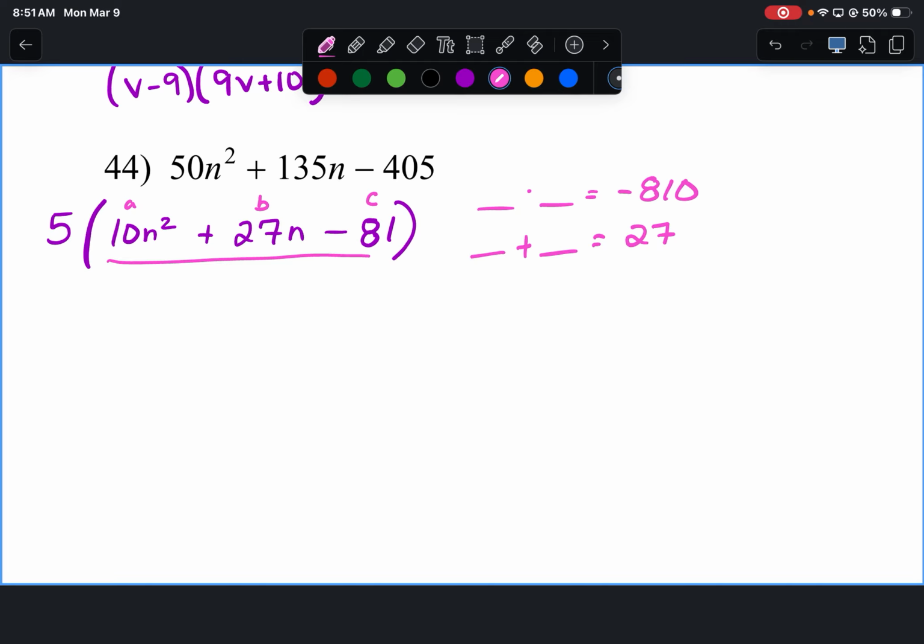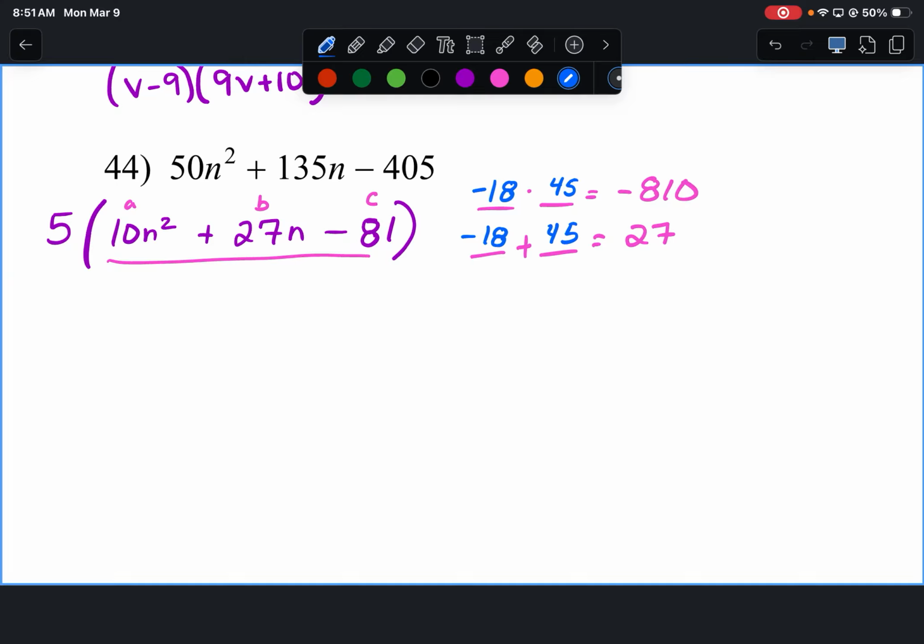Oh, that's because I put in the wrong number. Let me try that again. Is that it? Yeah. What is it? 18. Oh, I was all around it. 18 and what? 45. So it is going to be 18 and 45. Which combination of 18 and 45? 45 minus 18.